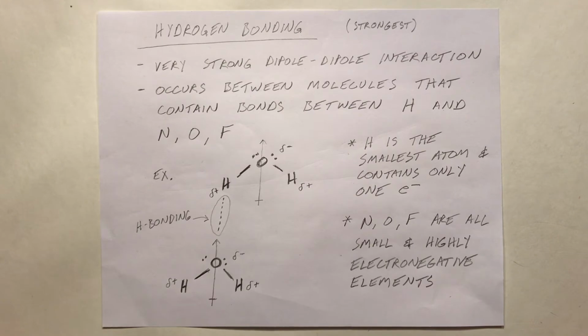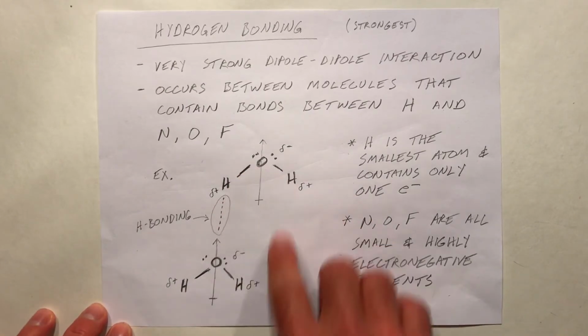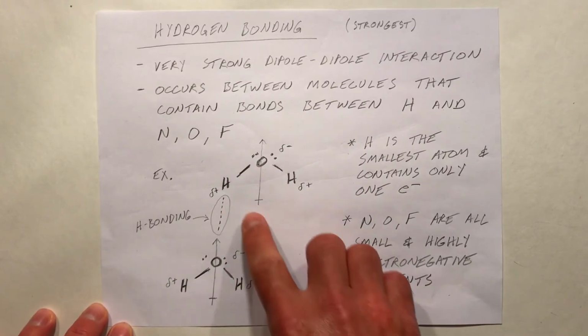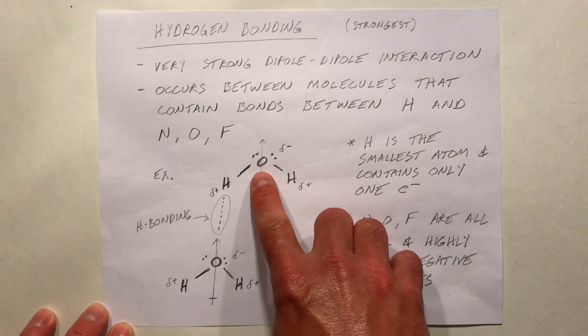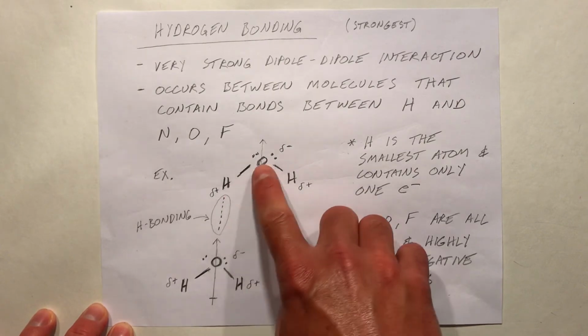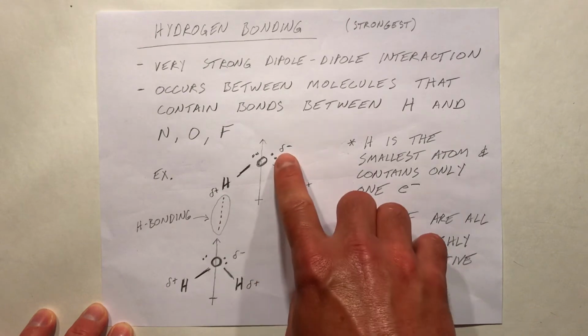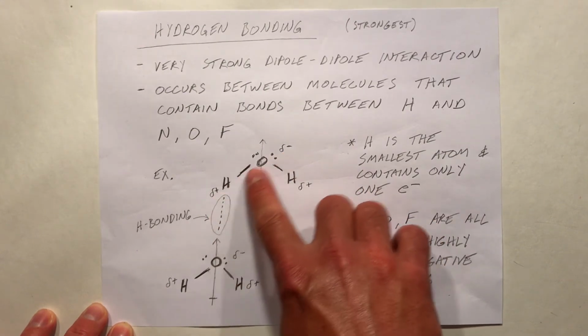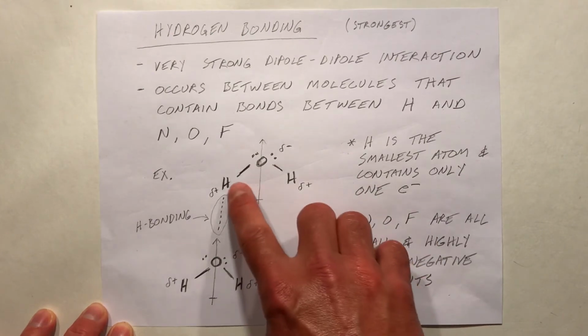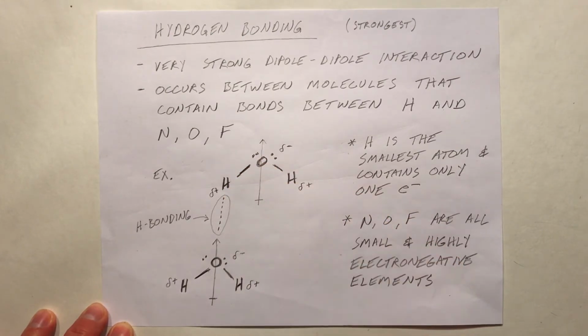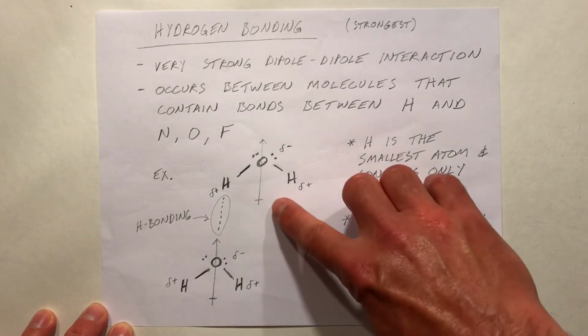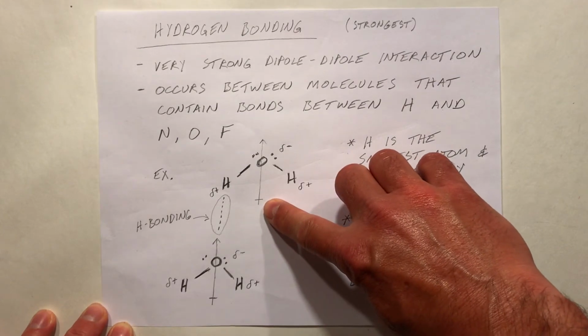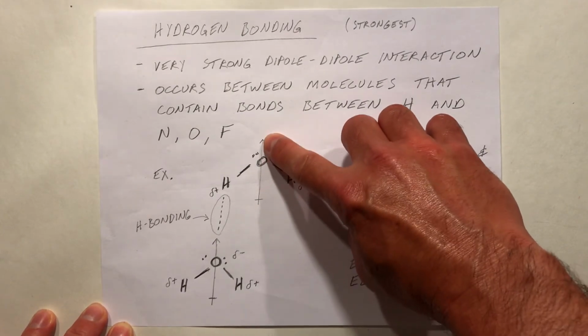Let's consider how that works with this example, water. In a water molecule, the hydrogen and oxygen is bonded with a polar covalent bond. We put a delta minus by the oxygen and a delta plus by the hydrogen, indicating the polarity across the bond. And because this is an asymmetrical shape, it's a bent molecule, the entire molecule has polarity, and we indicate the polarity across the molecule by using this arrow.